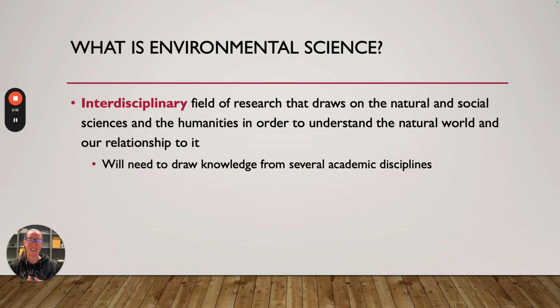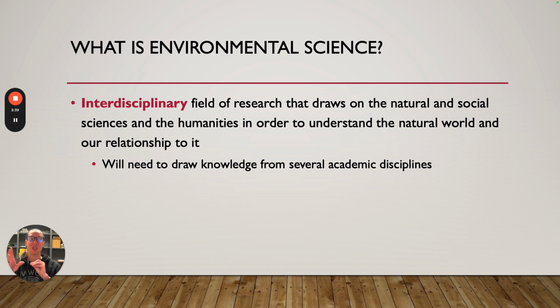Your book gives the definition, which is the first bullet point here. Environmental science is an interdisciplinary field of research that draws on natural and social sciences and the humanities in order to understand the natural world and our relationship to it.